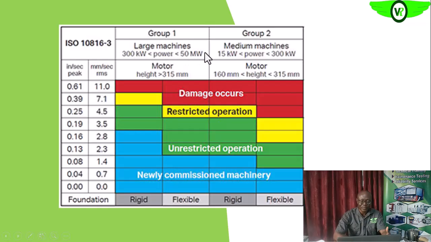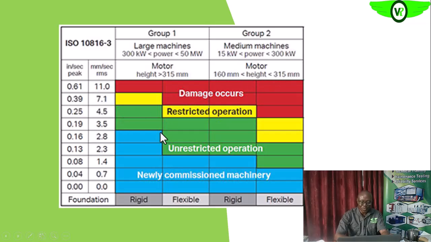That's the power range you use this information for. Then between 15 kilowatts and 300 kilowatts, these are the information you use. Are we getting it? This is the shaft height of the electric motor, then the motor between this height.